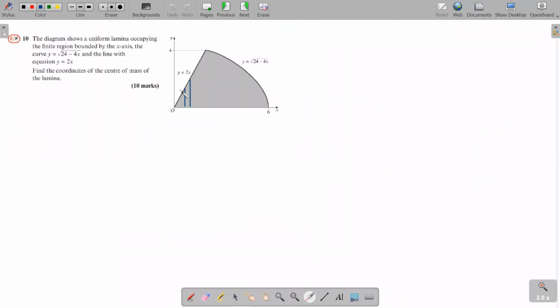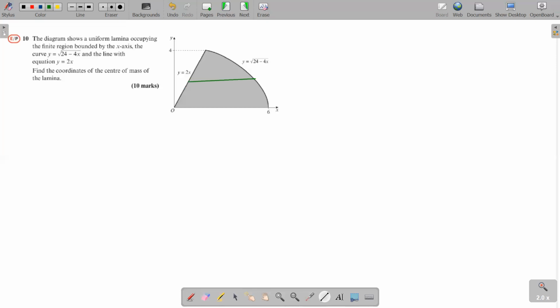The issue is that when you draw the vertical strip, it doesn't touch both the curves. Can you see it doesn't touch both these particular sketches? So if you take it in this manner, this is going to be an issue. So what you need to do here, guys, is instead of drawing the strips vertically, we will draw horizontal strips.